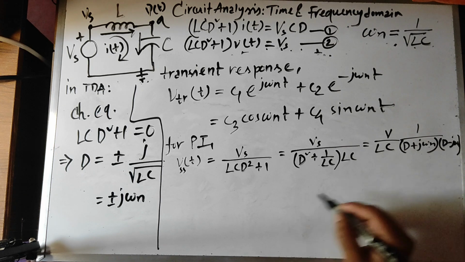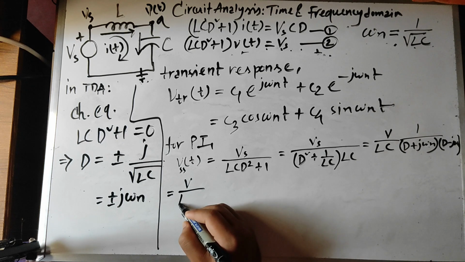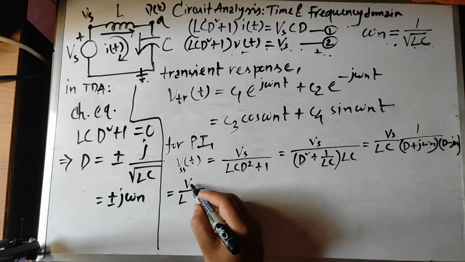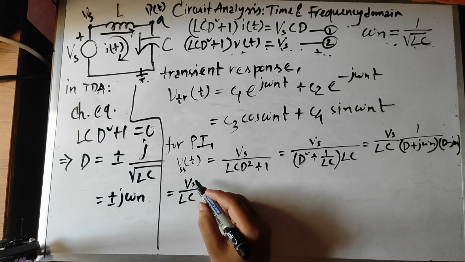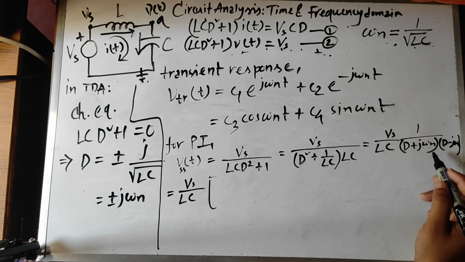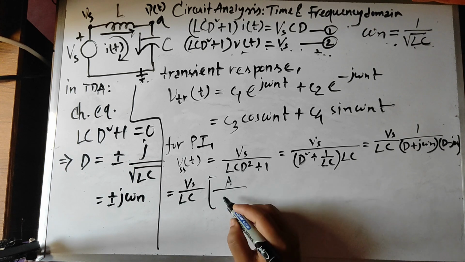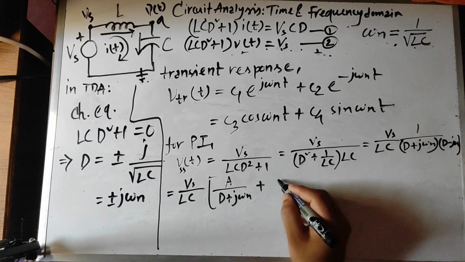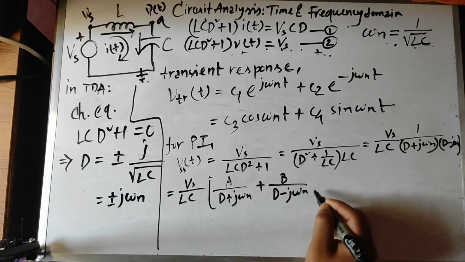So if we write this cleanly, V is the magnitude of the DC input, so Vs by LC, and I'm going to take the partial fraction of this factorized term: a by D plus j omega n plus b by D minus j omega n.